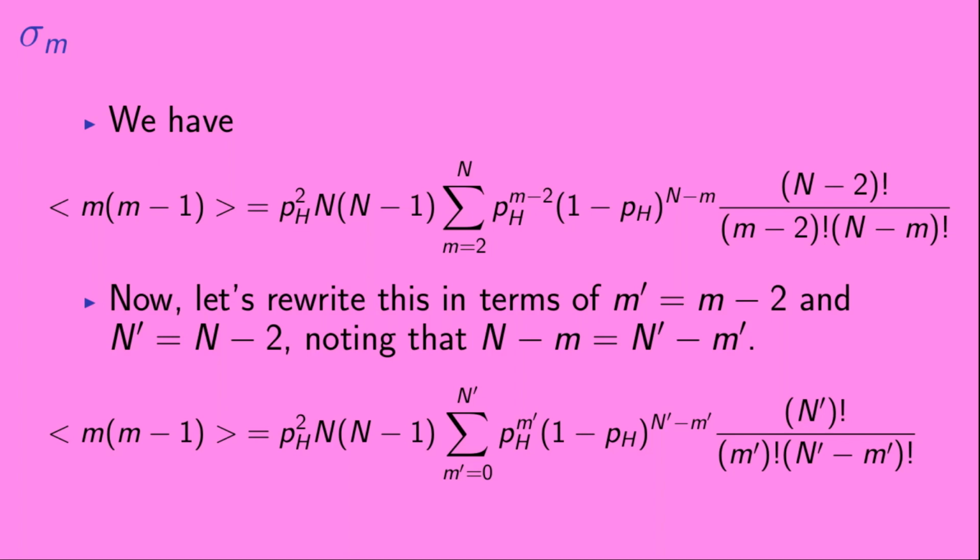And we get that the mean value of m times m minus 1 is equal to ph squared n times n minus 1 times the sum over m prime from 0 to n prime, ph raised to the m prime power, times 1 minus ph raised to the n prime minus m prime power, times n prime factorial over m prime factorial n prime minus m prime factorial.